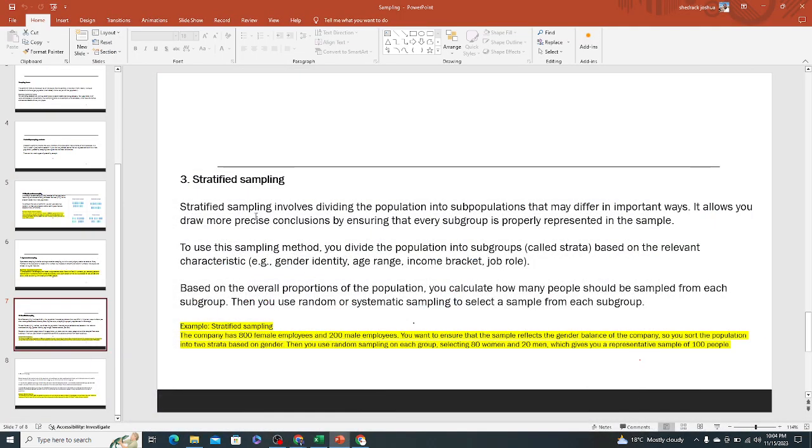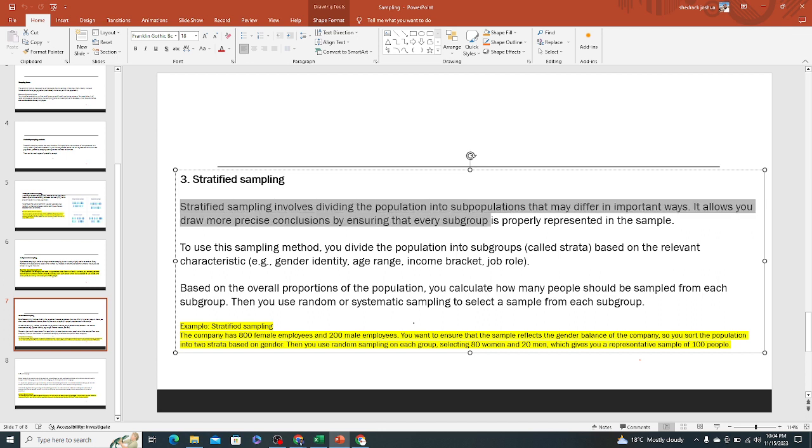Let's now go to stratified. Okay, let's go to stratified. So stratified sampling involves dividing the population into subpopulations that may differ in important ways.